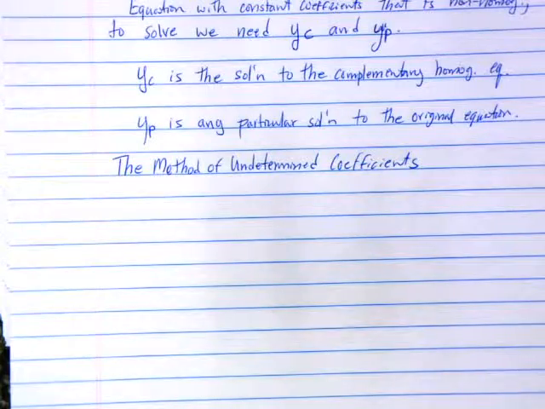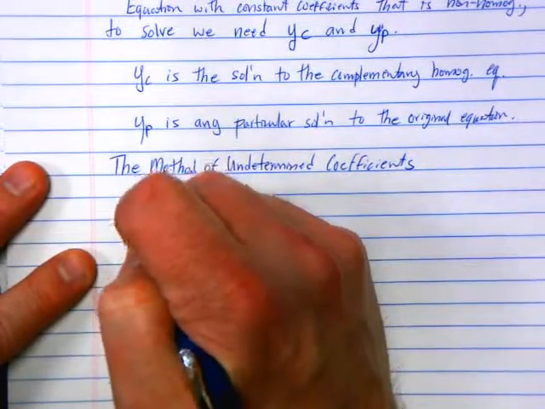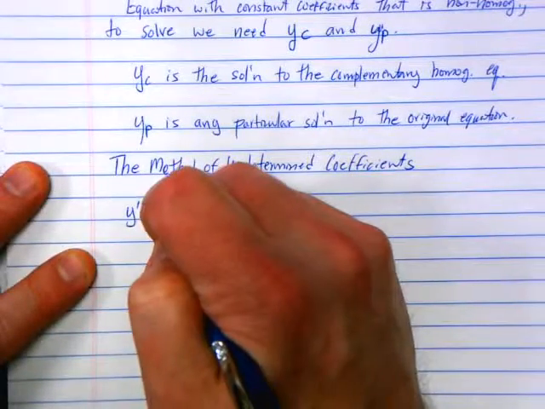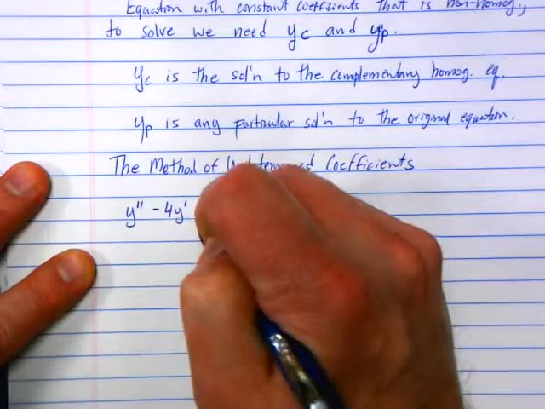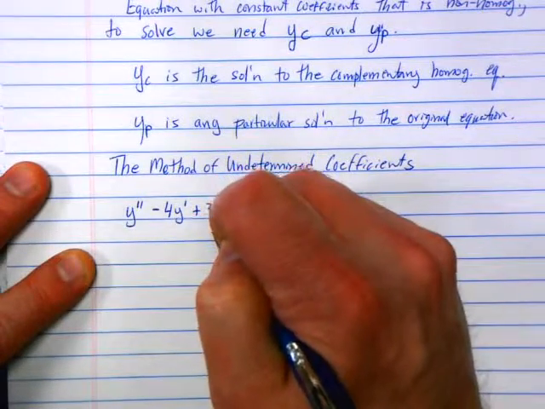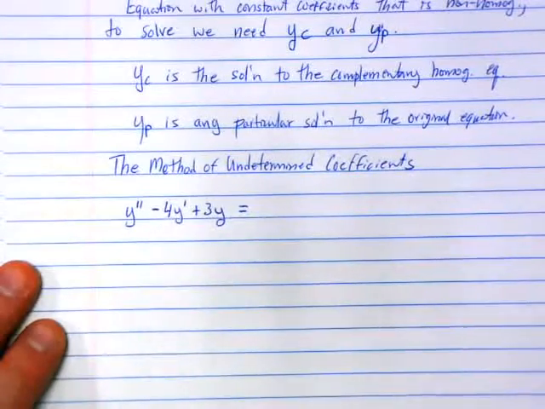All right, so let's start with a differential equation. How about we had y double prime minus 4y prime plus 3y equals, I don't know, anybody have an idea what you want over there?